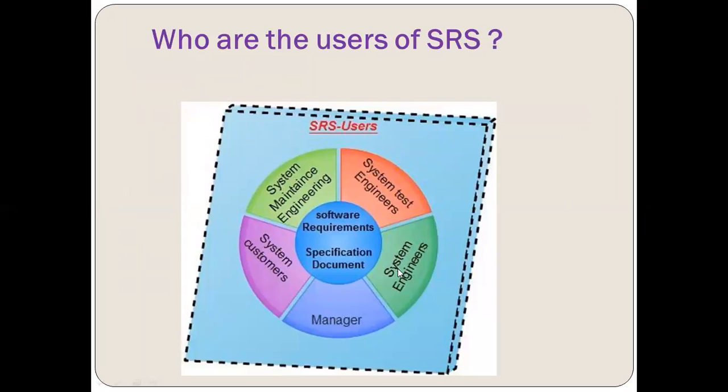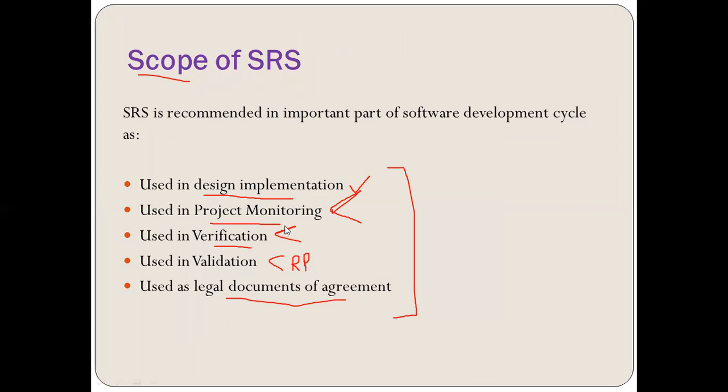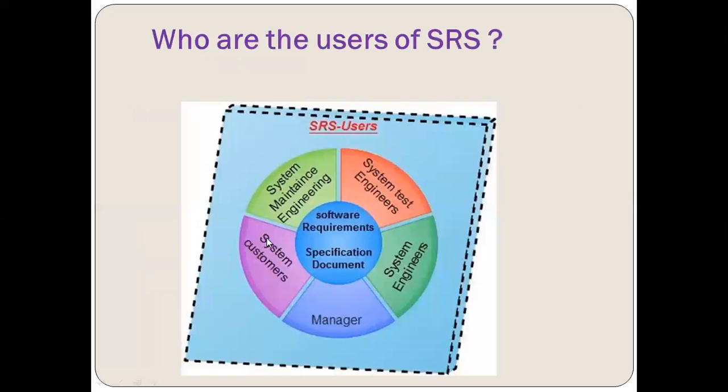Now, who is going to use SRS? This can be easily understood from here. Design and implementation means the system designer, the system architect, the software developer. Project monitoring, who does the project monitoring? The manager does the project monitoring. So the manager can use it, then testers can use it, and that is what we have defined.